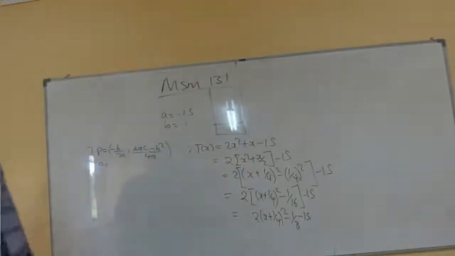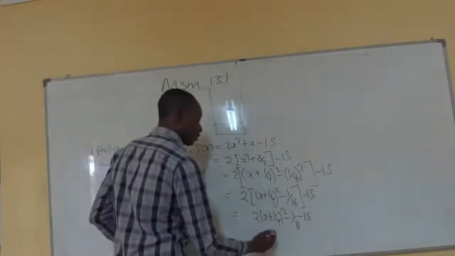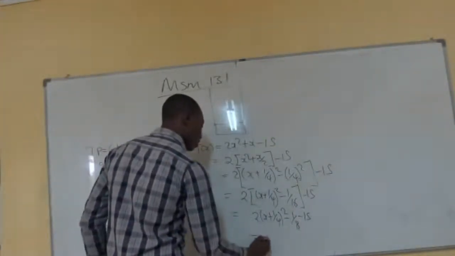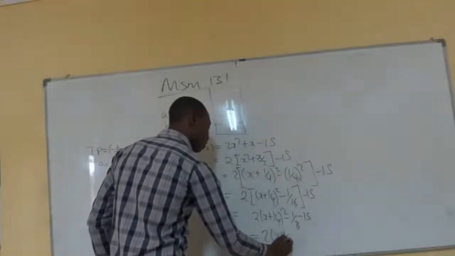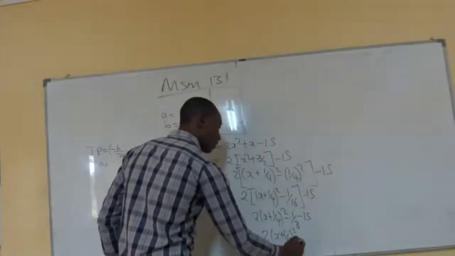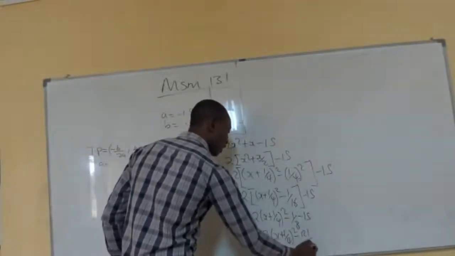From here, we can now solve. So if I change this, it is going to be 2(x plus 1 over 4) squared minus 121 over 8.